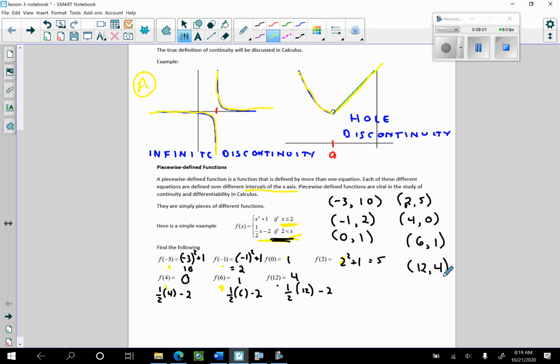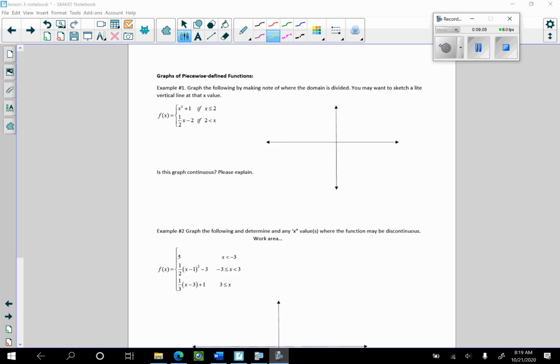So I believe in the second part of this, we're going to graph that. So now we're going to actually graph this particular function. And I'm going to graph this function just like we learned in Algebra 2.